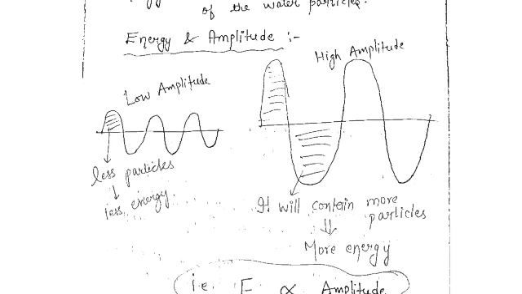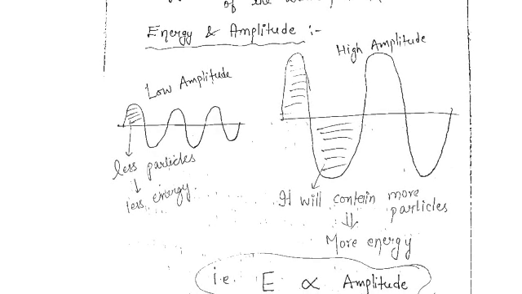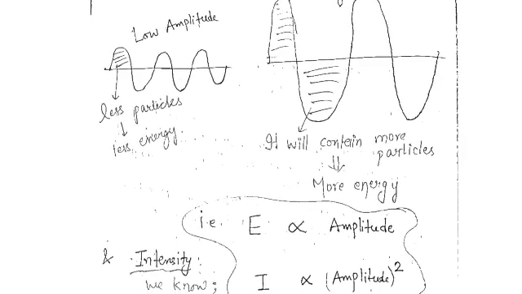That's why I am saying that it has a high amplitude. So what I want to say is that in the case of water, high amplitude means the height of the wave is high, and that means it has occupied a large amount of water, that is, a large number of water molecules.